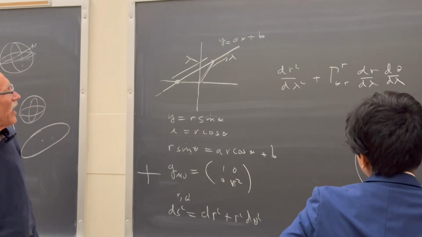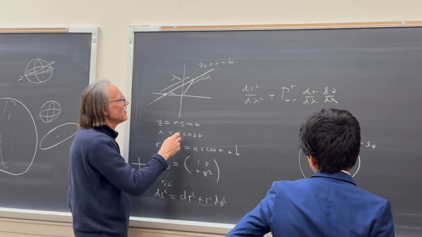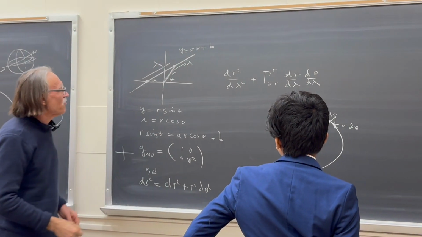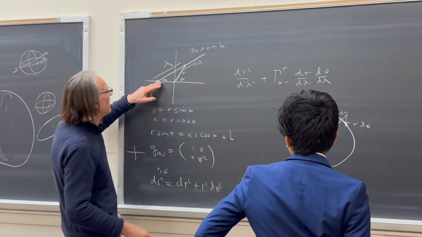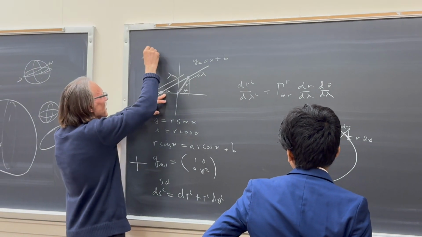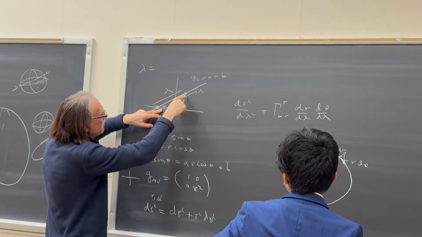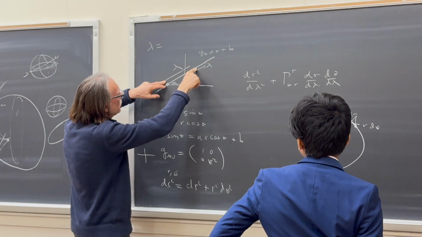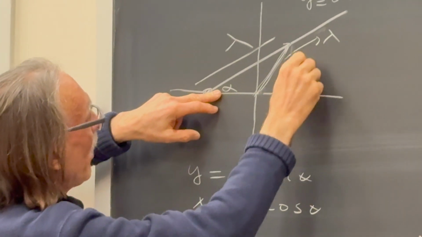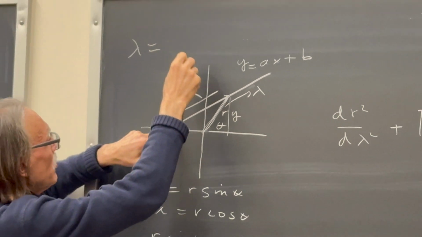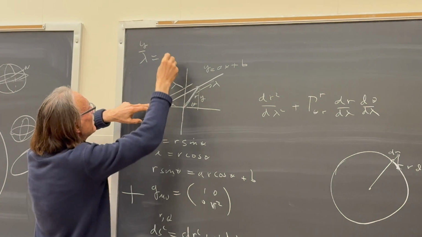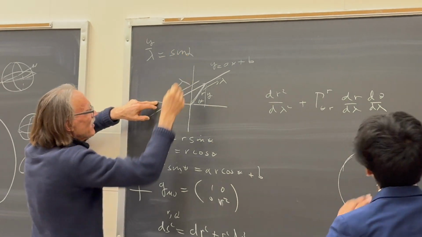And then you can calculate it. If this is alpha, then this is theta, that is r. Then we know that this length, lambda, is equal to, so the sine of alpha is this length. Let me call this y. So y divided by lambda, that is equal to the sine of alpha.